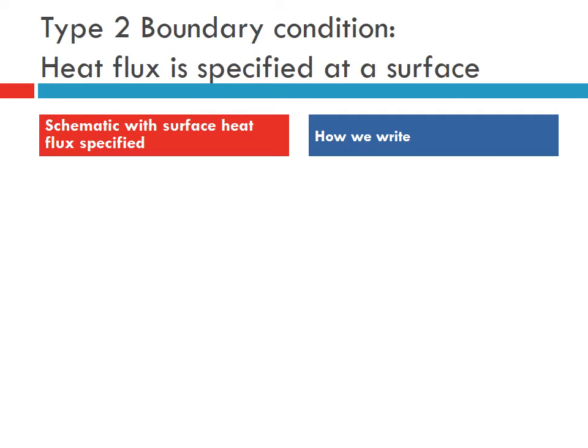So now we just write the type 2 boundary condition for the general situation. You can think of it this way. Suppose there is a heat flux coming in, then on the surface it gets absorbed and that raises the temperature this way. So at this point the heat can get conducted in.